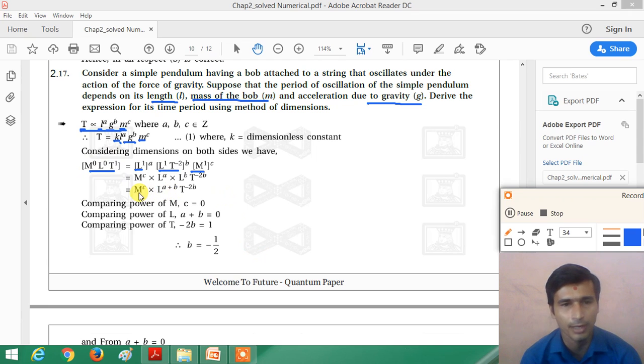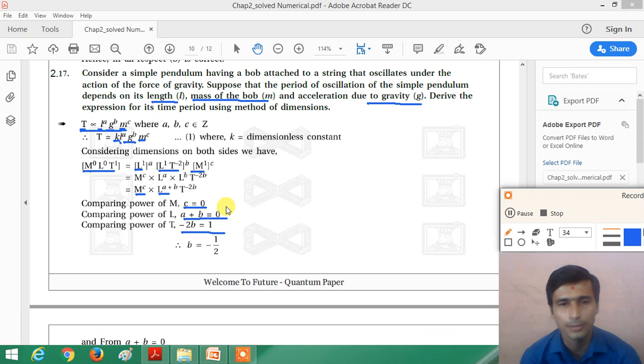On the right hand side the power of M is c, and on the left hand side the power of M is 0. So comparing the power of M, we get the first equation, c is equal to 0. Comparing the power of L, we get a plus b is equal to 0. And comparing the power of T, we get minus 2b is equal to 1.